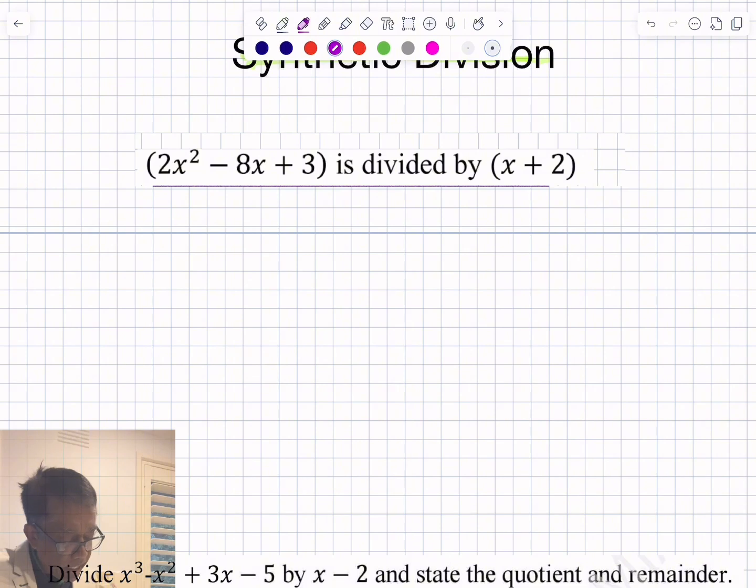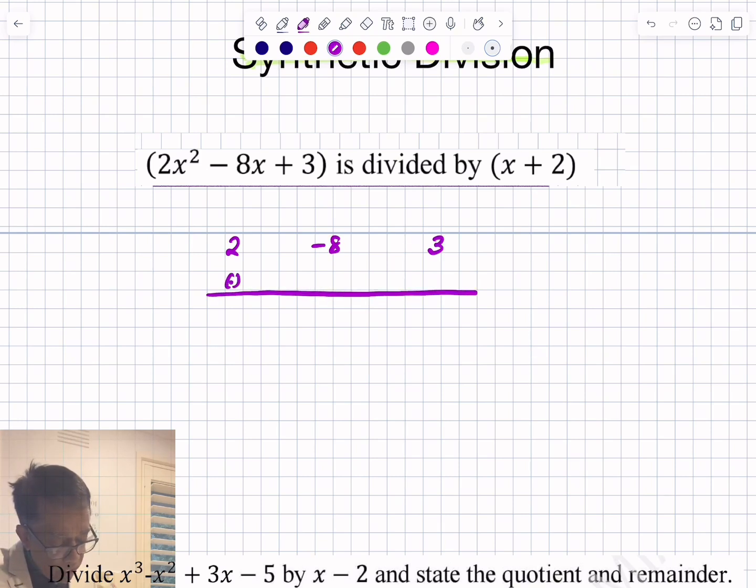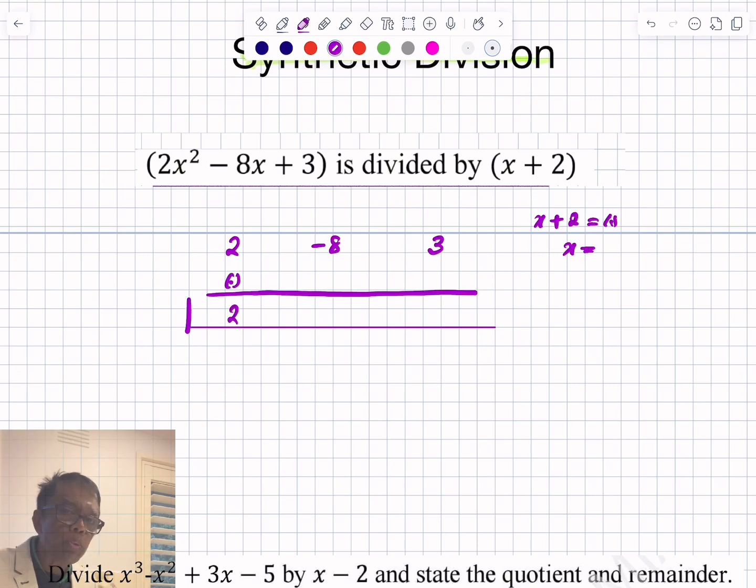2, -8, 3. Please add 0 to the left of the leading coefficient, which is 2. Now we are asked to divide by x + 2. x + 2 equal to 0 means x is equal to -2.